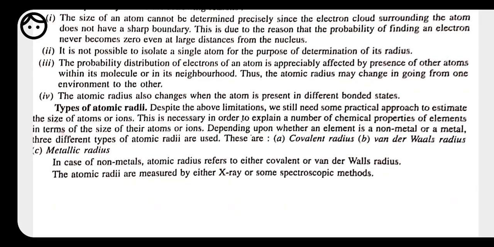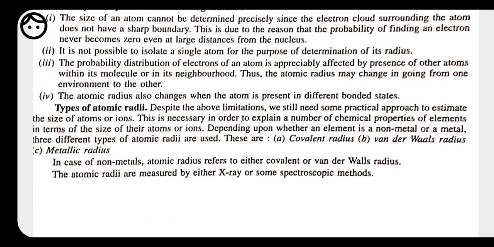So here we have types of atomic radius for different types of elements. Like we have metals, we have non-metals, and we have some elements which are present in the gaseous form. If we are talking about metals, we know that metals just touch each other, they do not overlap each other.